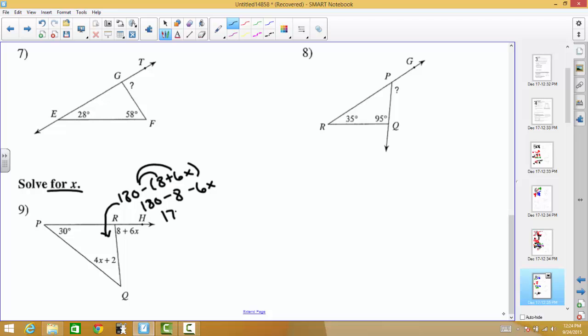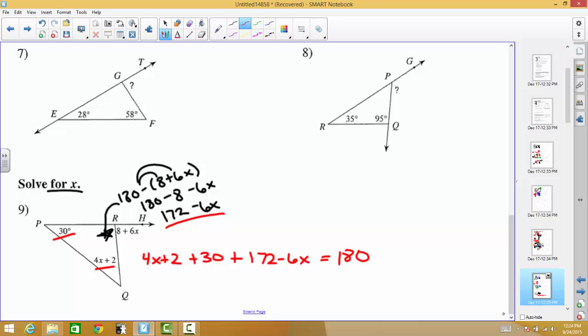So that's 172 minus 6x. That's what's right here. So when you go to add up the 3, making them equal to 180, you have 4x plus 2 plus 30 plus 172 minus 6x equaling 180.